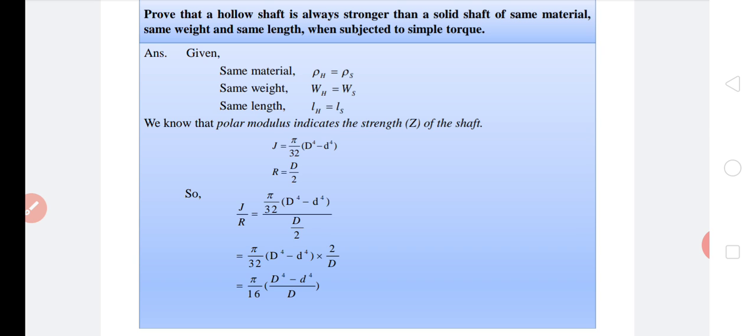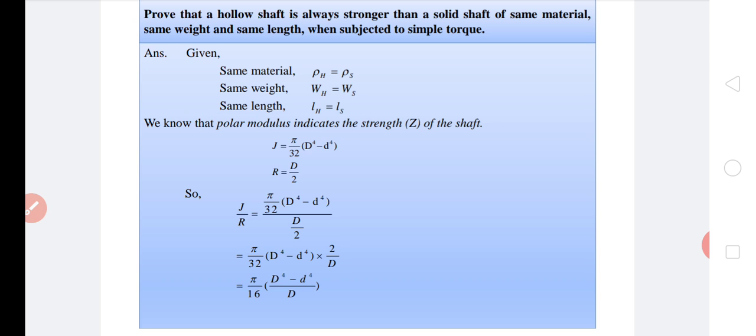We know that polar modulus indicates the strength, that is the Z of the shaft. J equals pi upon 32 into capital D to the power 4 minus small d to the power 4. R equals D by 2, as we already discussed.